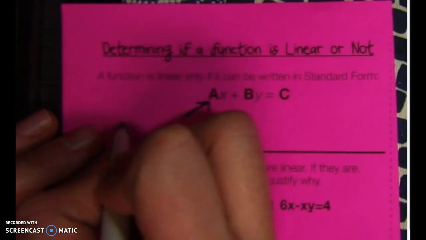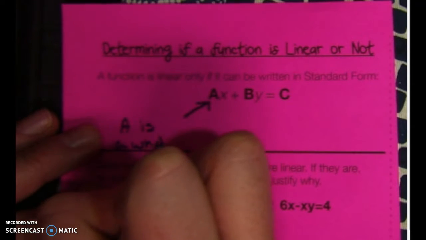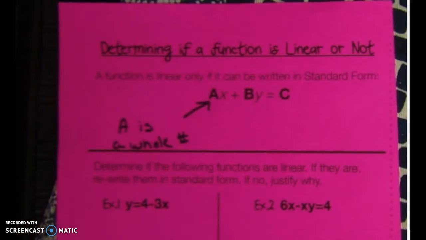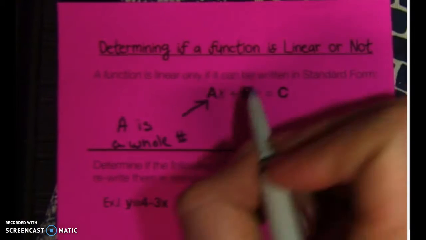In standard form, A is a whole number. So a whole number could be 3, 4, 5, 6, 7, 11, 22. Is 0 a whole number? Yes, it is. Okay.